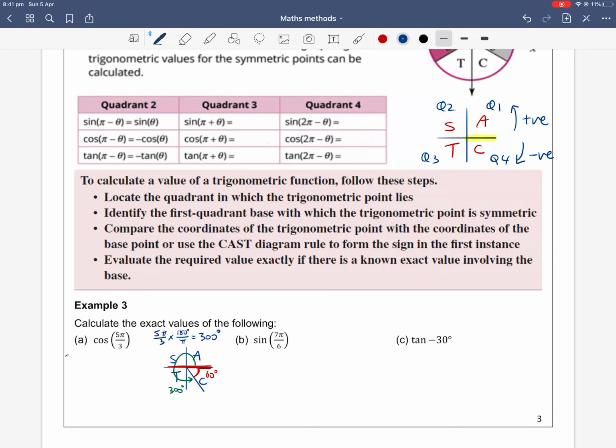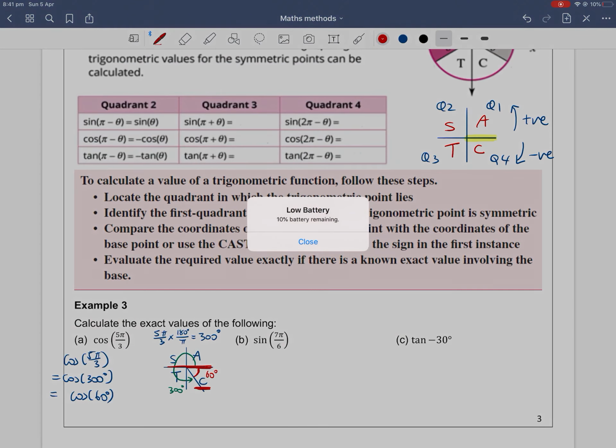So what this means is cos of 5 pi on 3 is the same as cos of 300 degrees, only because I like to work in degrees. If you like to work in radians, go ahead. Now, we saw that 300 degrees is the same as the tiny angle from the x-axis of 60 degrees, so we can rewrite that as cos of 60 degrees.